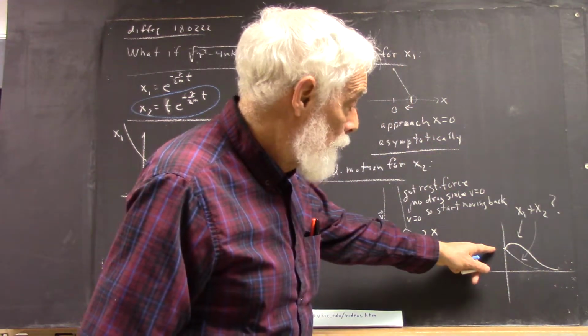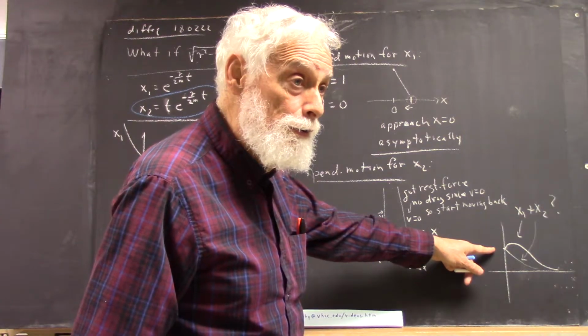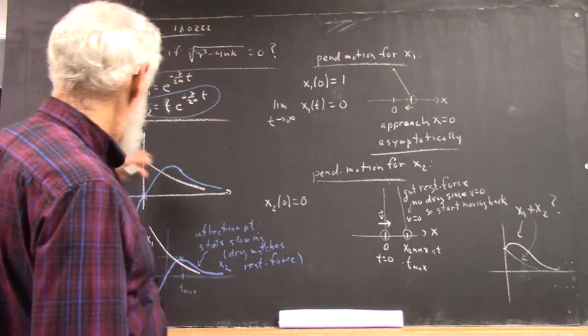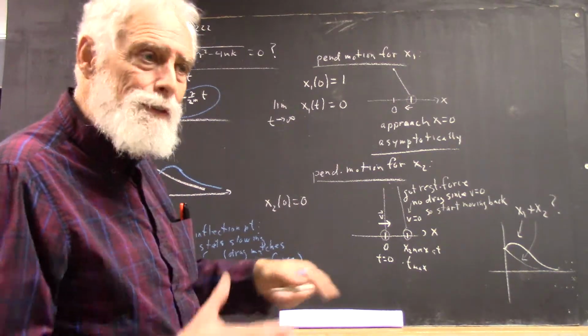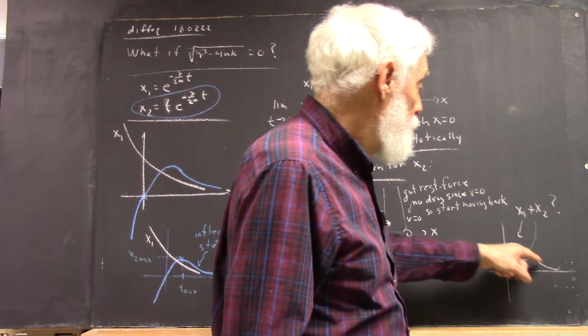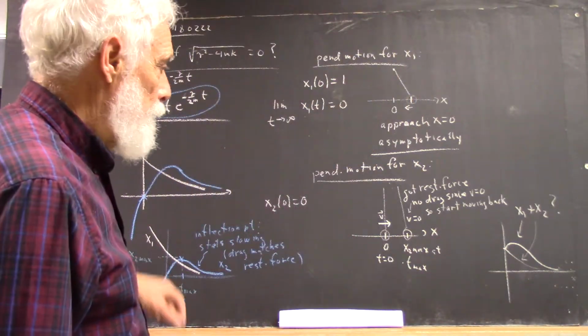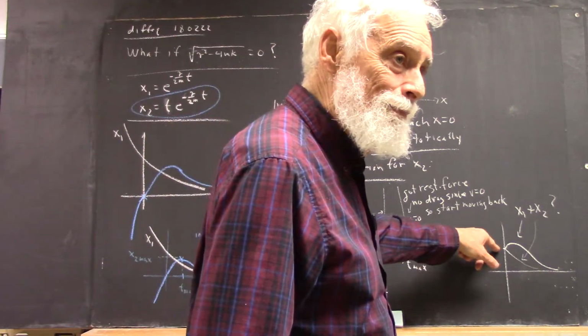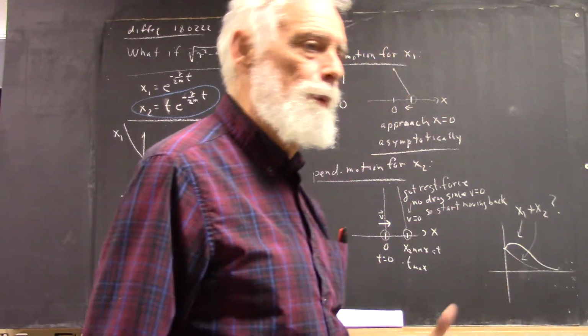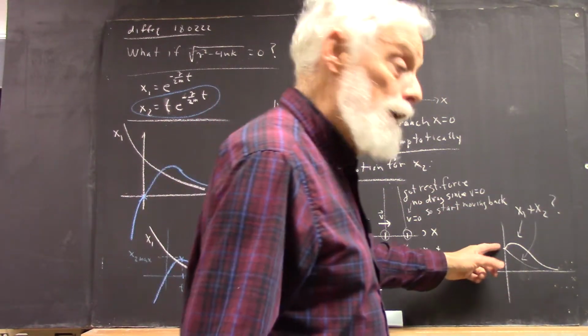And then ask yourself, what does the motion look like in these cases? Well, in this case, it's going to be very much like just what we get for x1, but a little bit modified. In this case, it's a lot like what we get here, but we're away from the origin, and then we give it a kick. So it goes out a little ways and comes back. That's how we model that case.